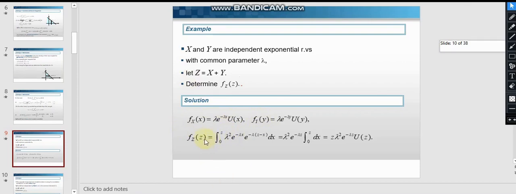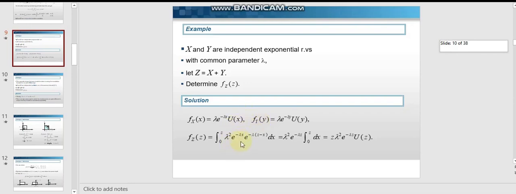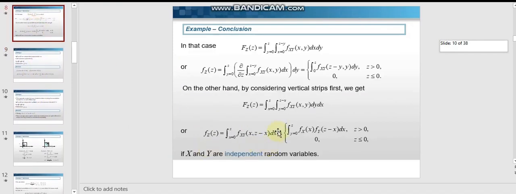Now the PDF of the new random variable z, which is the sum, we will find by applying this formula. This problem is an extension of the previous problem.